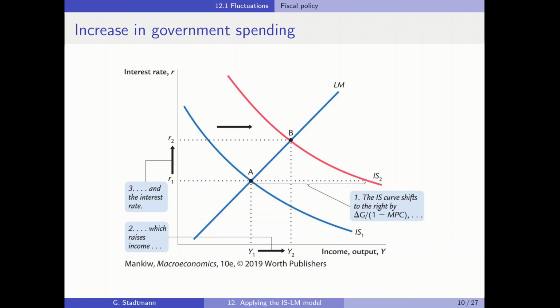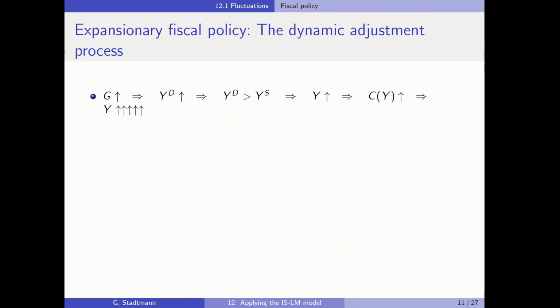How do we get from point A to point B? In the beginning, the government increases government spending. This leads to an increase in goods demand. Goods demand is larger than goods supply. And here, in this model, we assume that the companies are adjusting the supply. The companies are producing more.